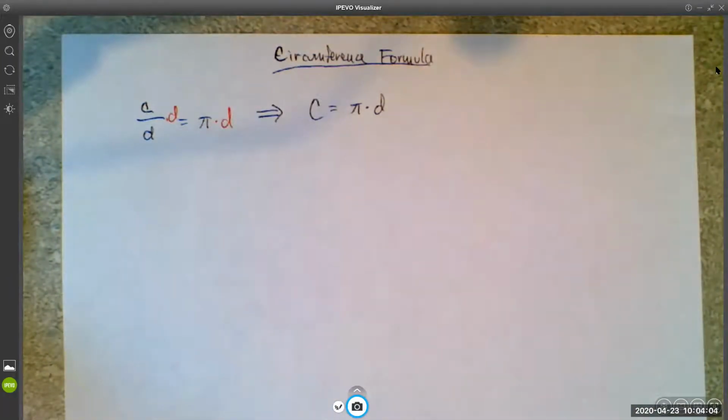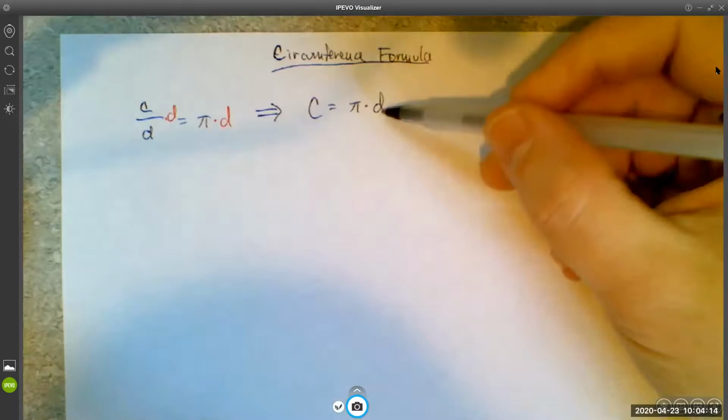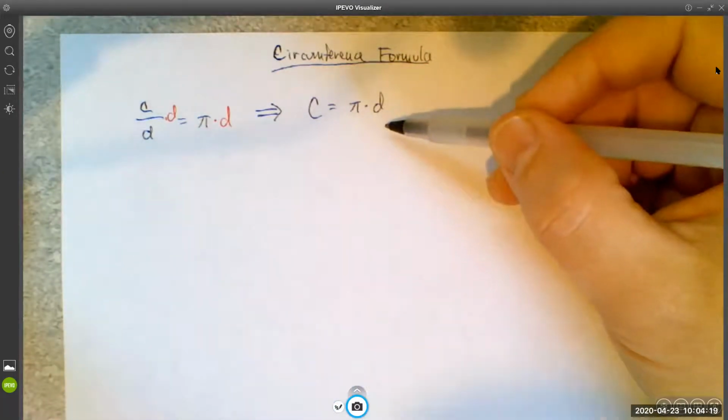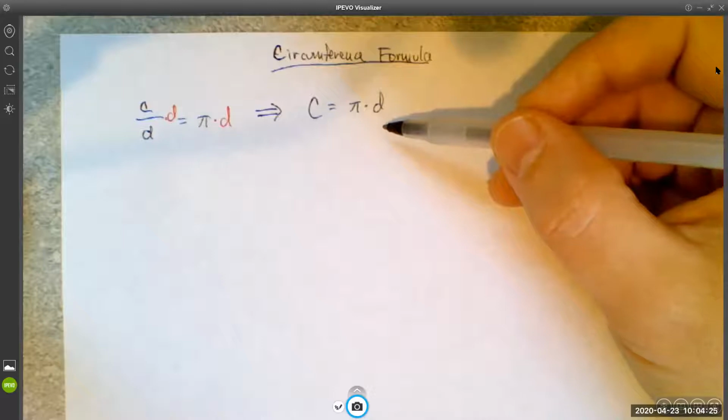However, you may have heard of that as 2 pi r. So instead of pi times d, you may have heard 2 pi r. Well, why 2 pi r? Another thing that we've discussed is that the radius is half of the diameter. If the radius is half of the diameter, then the diameter is 2 times the radius.